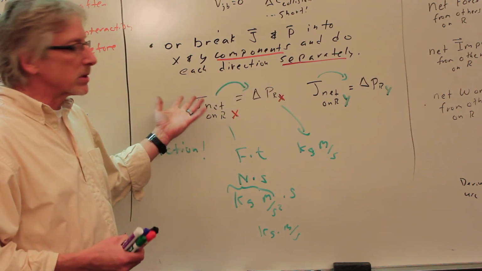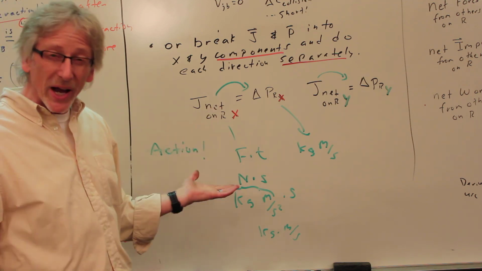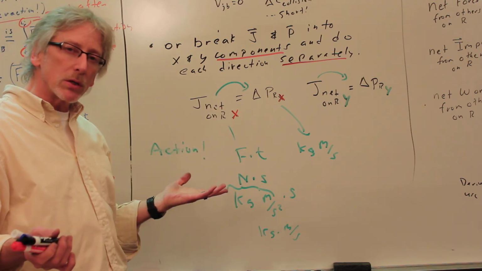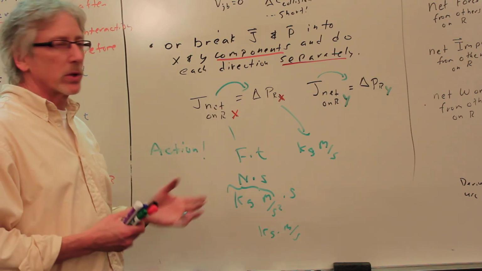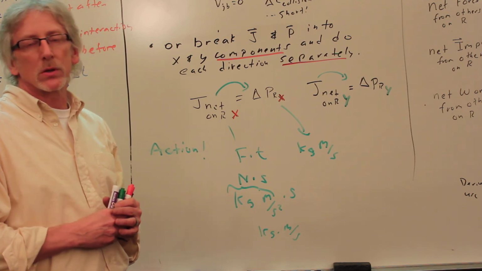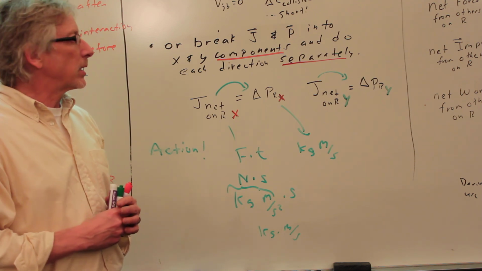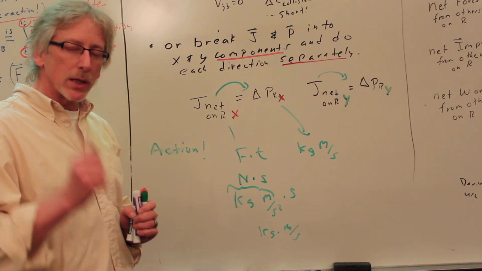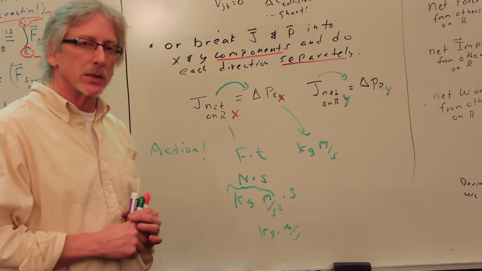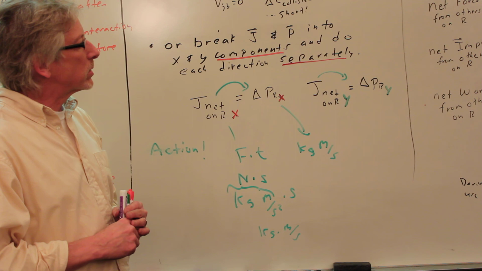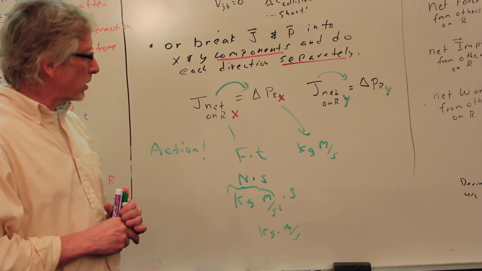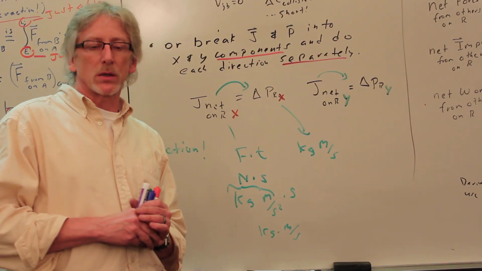If you've got a bunch of forces, it's a little bit more of a pain. If you've got a graph, you've got area underneath it. So get acquainted with them. That's the task before you, and do lots of problems and keep that straight. But realize, hey, this is Newton's second law in disguise. Okay. Now we're going to look at conservation of momentum and some examples.